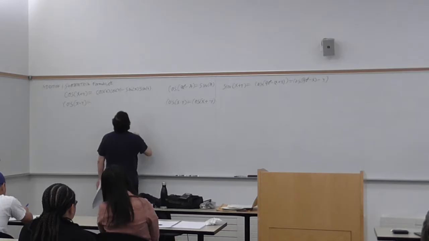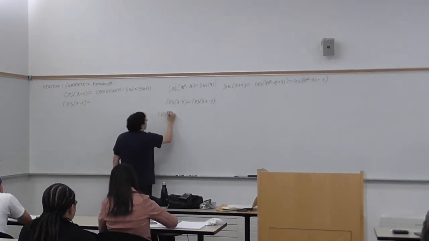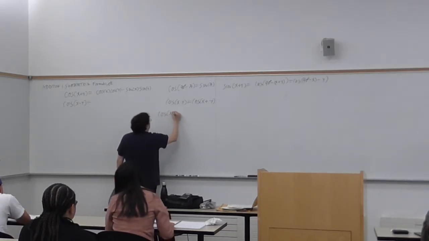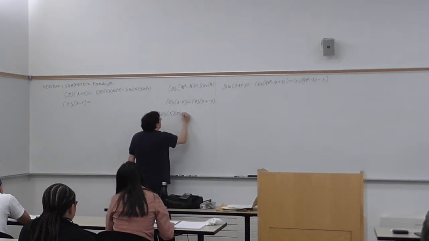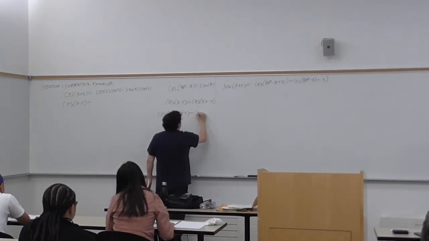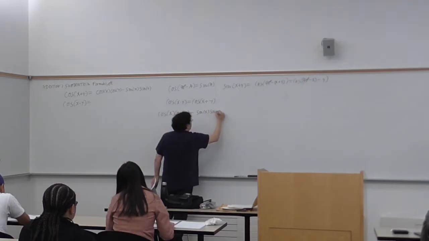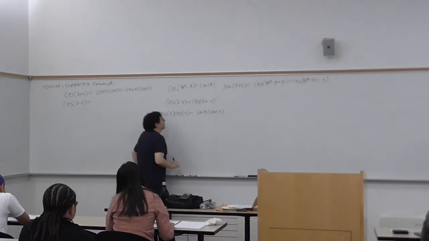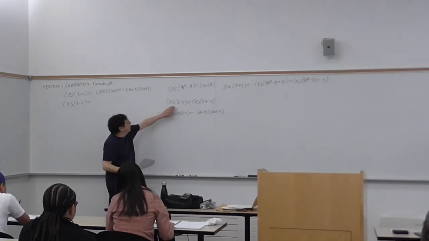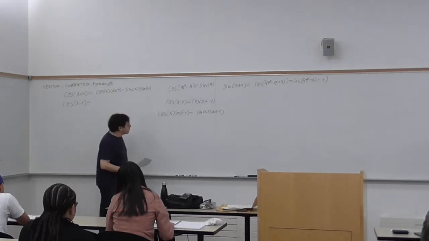This has to be cosine of x, cosine of minus y, minus the sine of x, sine of minus y. That's what cosine of x minus y must be according to this formula.